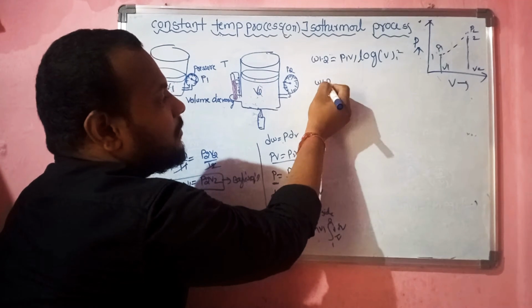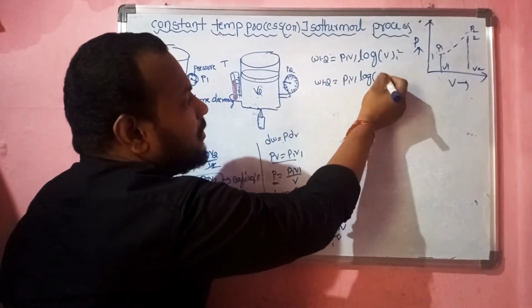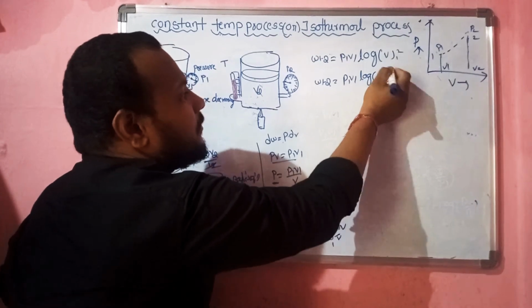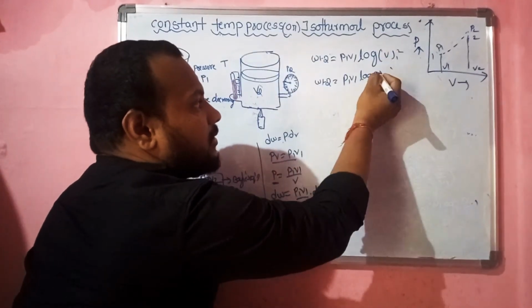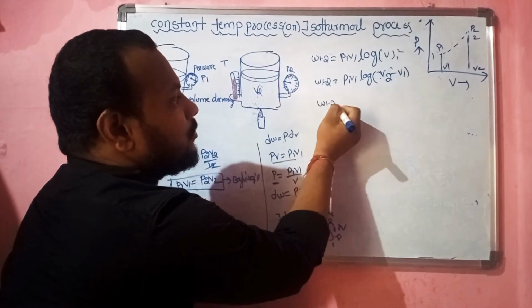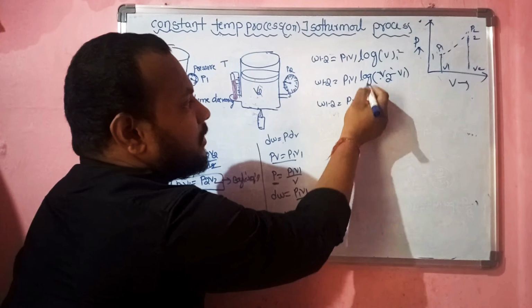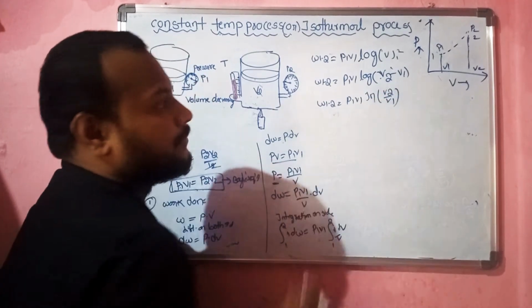So W 1 to 2 is P1 V1 log V2 by V1. I write V2 by V1 because this is log V2 minus log V1. So W 1 to 2 is P1 V1 ln V2 by V1.